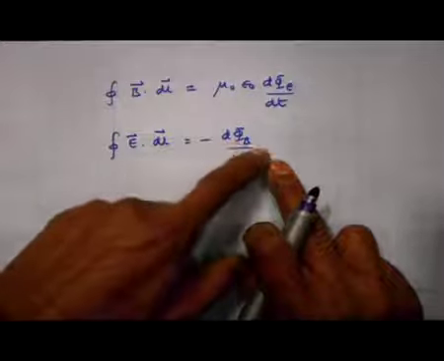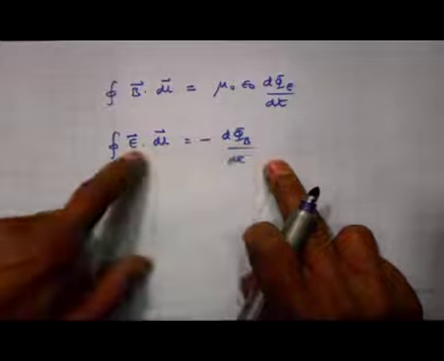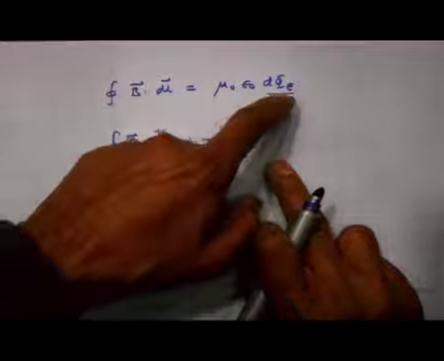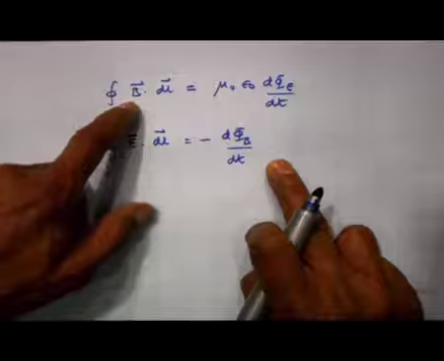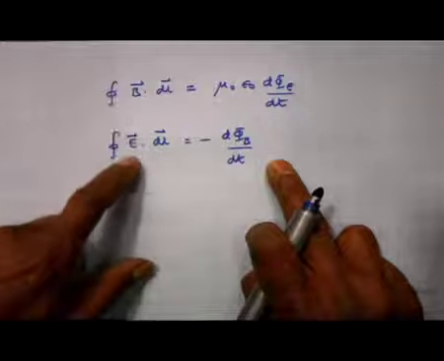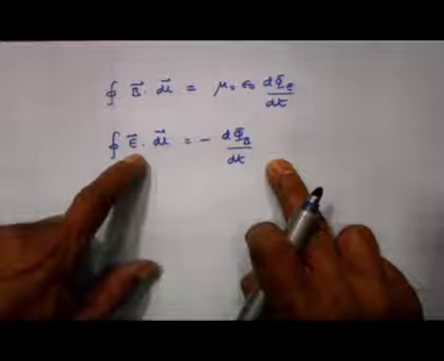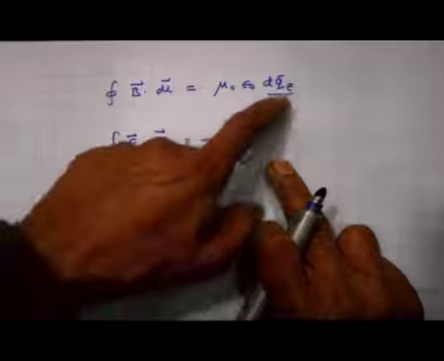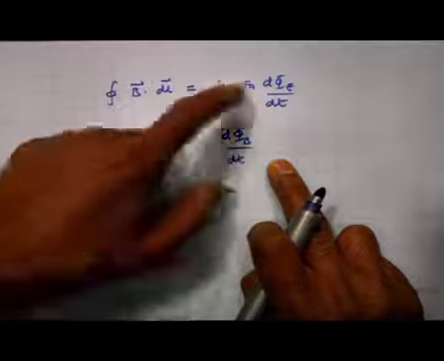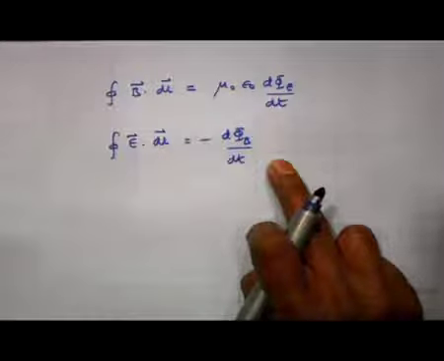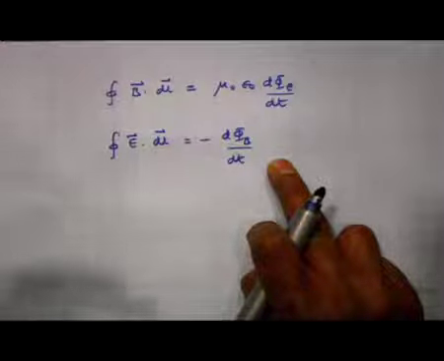A changing magnetic flux induces an electric field, a changing electric flux induces a magnetic field. Faraday's law of induction tells me a changing magnetic flux induces an electric field in space, a changing electric flux induces the magnetic field in space. So, this term actually makes the electric and magnetic fields coupled to each other and symmetrizes the equations.